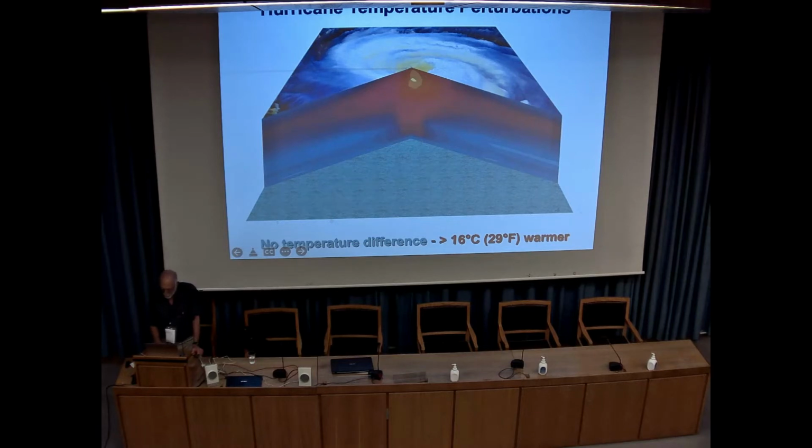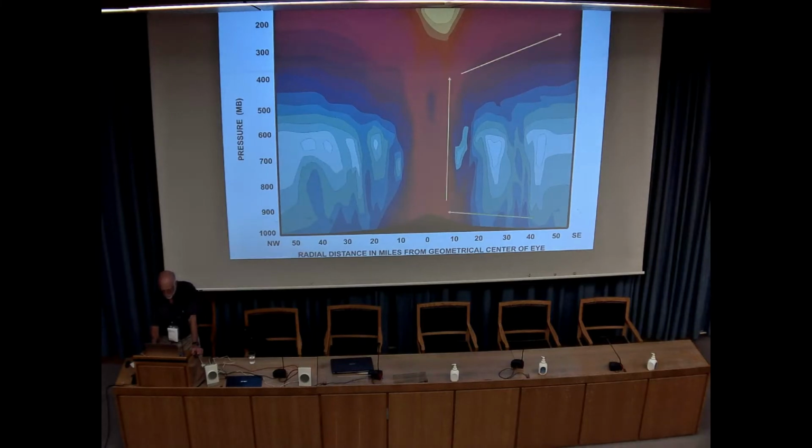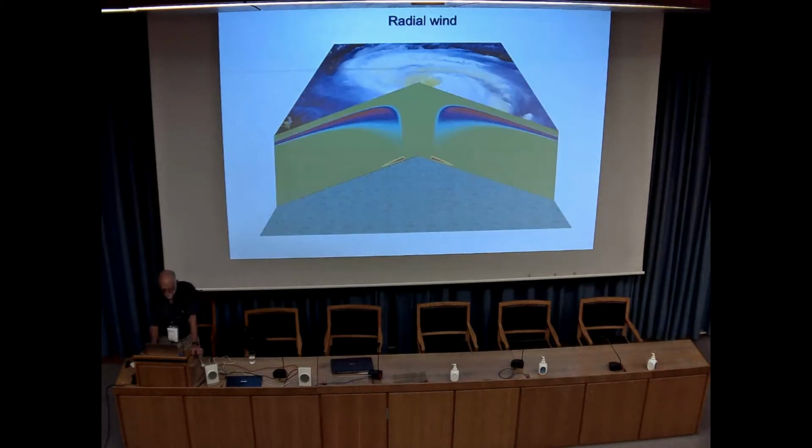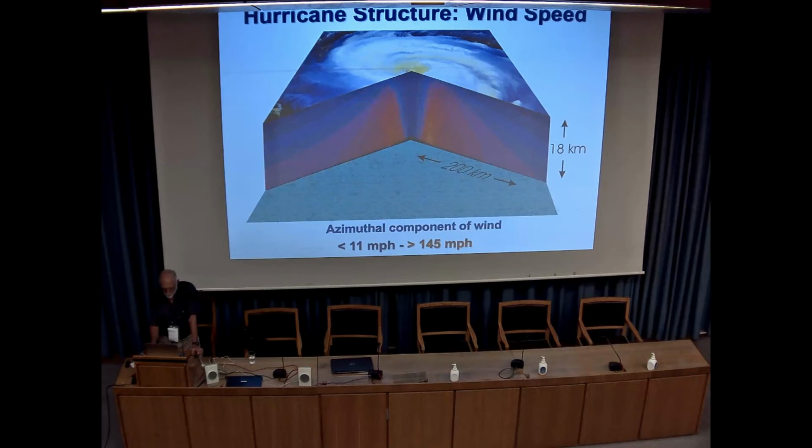And distributions of temperature and wind in a hurricane are related to each other. Look carefully at the images in this slide and the slide that shows the wind speed. Notice that the rate at which the wind decreases upward is proportional to the rate at which the temperature decreases outward. This relationship is fundamental to rotating fluid flows and is called the thermal wind relation. So the comparison here is between this one.